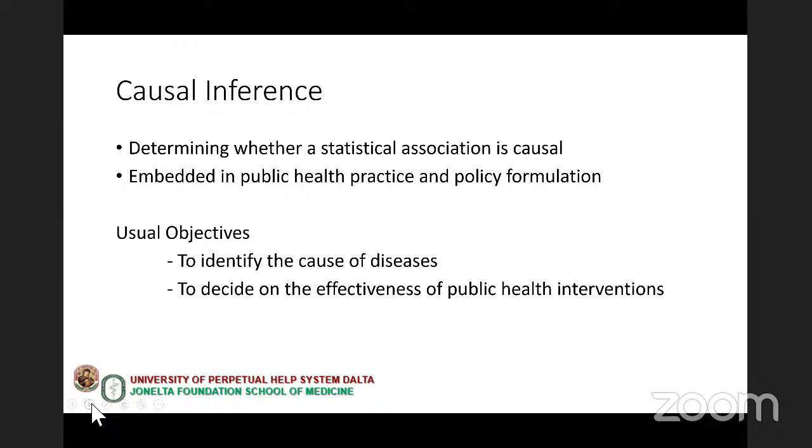For example, with COVID-19, would lockdowns be statistically significant in reducing the propagation of the COVID-19 virus? Things like that. Okay, so it is very much embedded in the practice of public health.